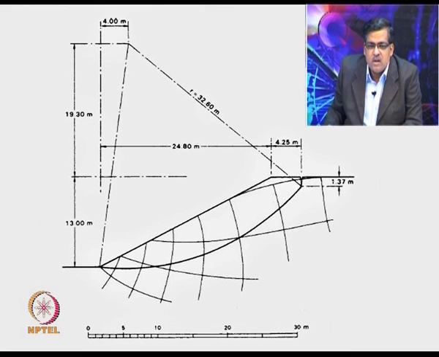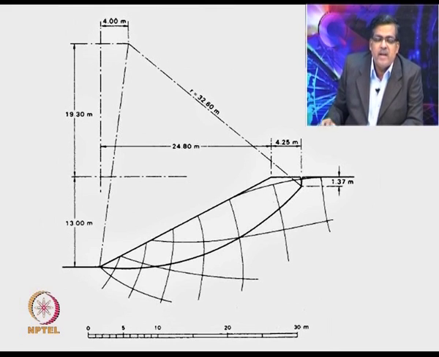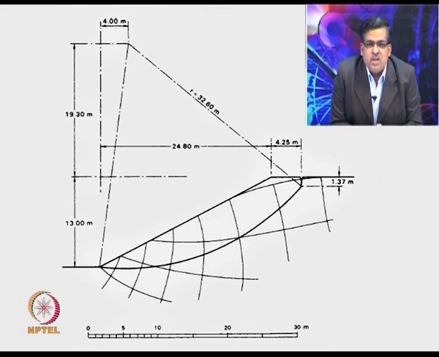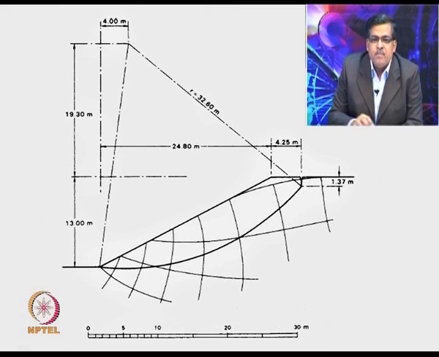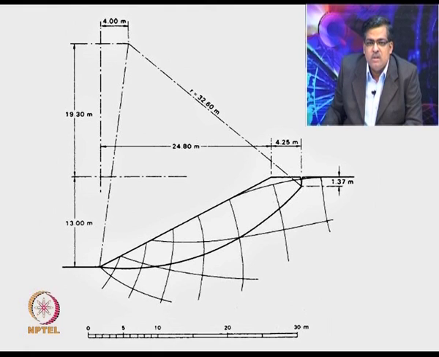The failure surface is assumed to be fitted from this point to this point. This is the entry point, because this portion is already cracked, so there cannot be any generation of mobilized shear resistance. So what we do is select from the tip of the crack to the toe of the slope in this case, and this is the center of rotation. This is the horizontal distance from this point to this point, this height is 19.2 meters, this is 12 meters height, and this horizontal distance is given as 24.8.